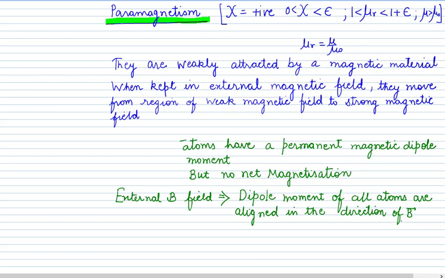And if we keep them in a non-uniform magnetic field, then what happens? Then they move from the weak field to the strong field.